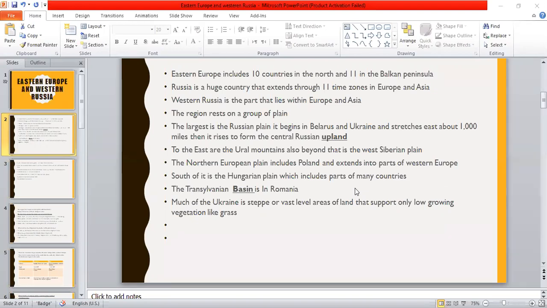Adham. The question is about the climate. What do you expect the climate will be like in this region? I expect it to be cold because we have winds that come from... wait a second.